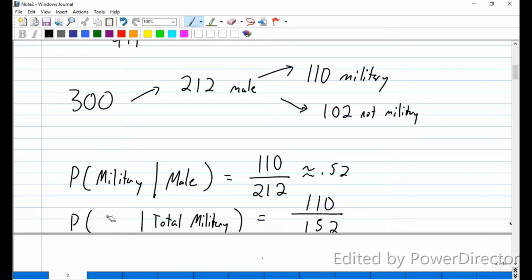So the probability of male, given that you know the total number of military, and I don't know what that is, I have to divide.